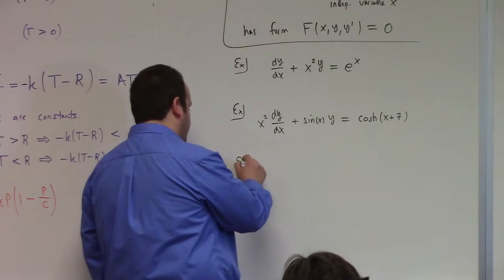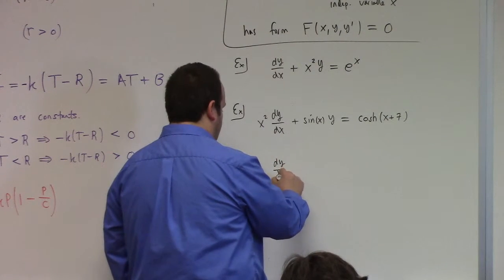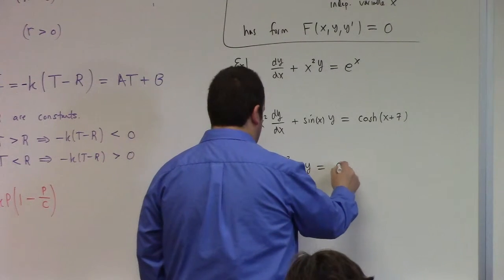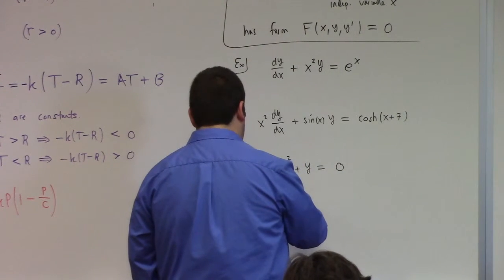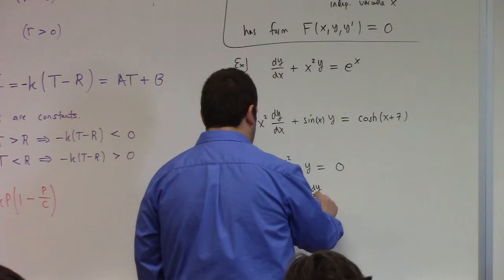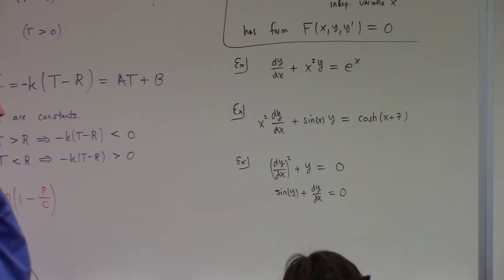Another example would be something like this. dy dx squared plus y equals 0, or the sine of y plus dy dx is equal to 0. I mean, you can just use your imagination.